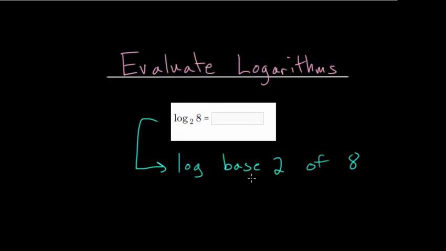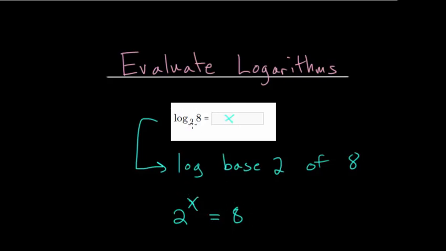And what this means, if we write this in exponential notation, essentially we have an exponential expression with a base of 2, and let's say this is equal to x, where we're missing the exponent x. We don't know what that is, but we know that this will be equal to 8. So when you have log base 2 of 8, the exponential expression equivalent to this is 2 to that missing exponent, 2 to the x power, is equal to 8.